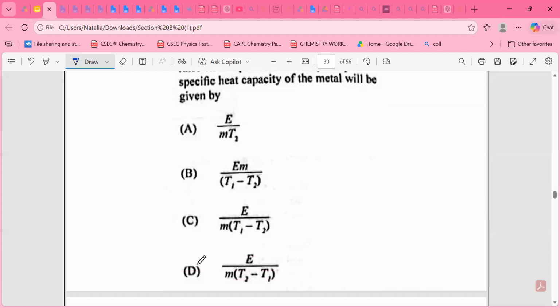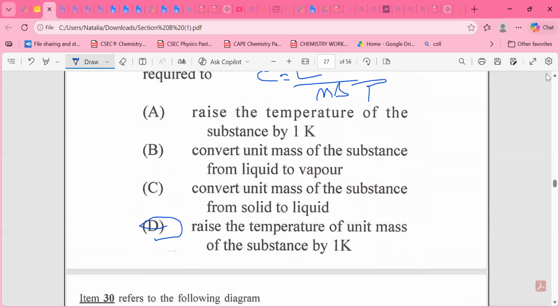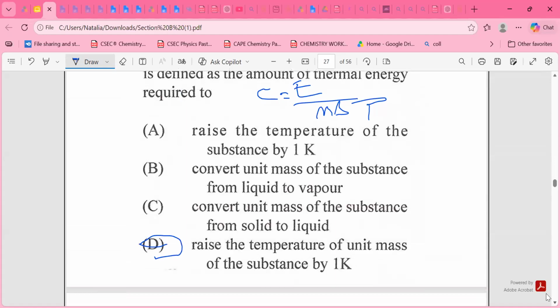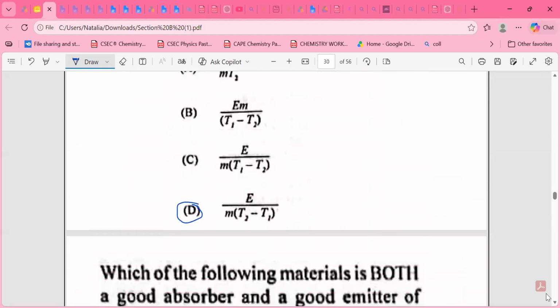So remember we said that C is equal to EH over M delta T. Delta T is hotter temperature minus colder temperature. So it's T2 minus T1.